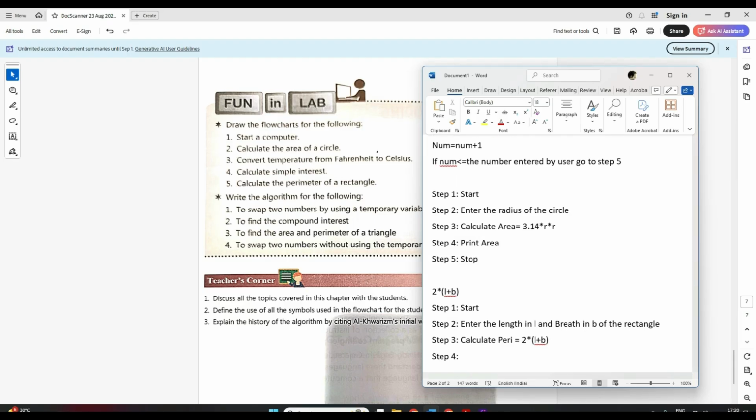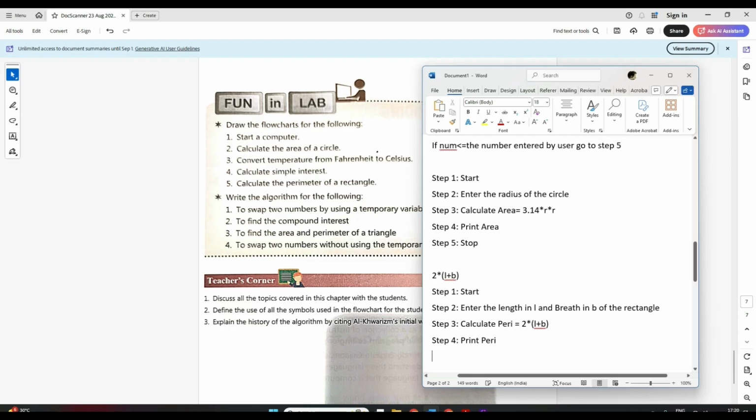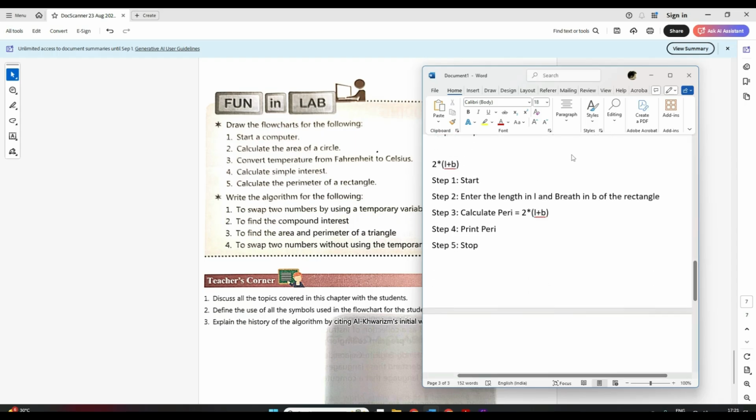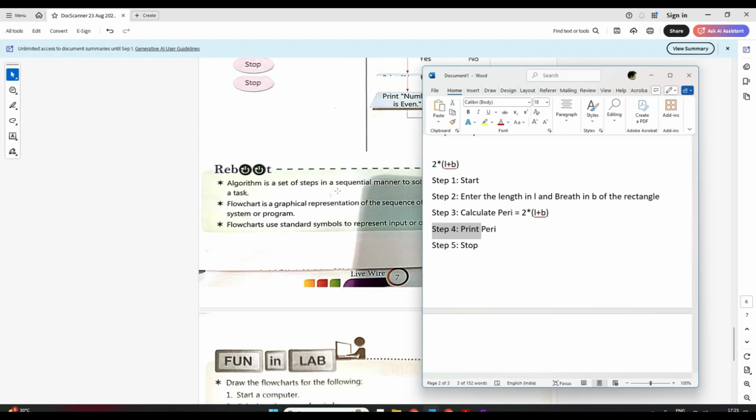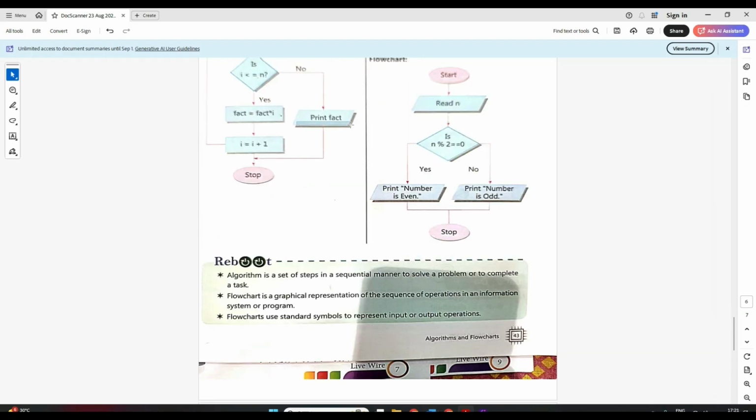Step 4 will be print peri, and then step 5 will be stop. This is the algorithm I have written. You can draw the flowchart. This start and stop will be in your start and stop box, which is an oval. Then this calculate will be in your process box, which is a rectangle. And step 2 and step 4, which are input and output, will be in your input and output box, which is this one, correct?